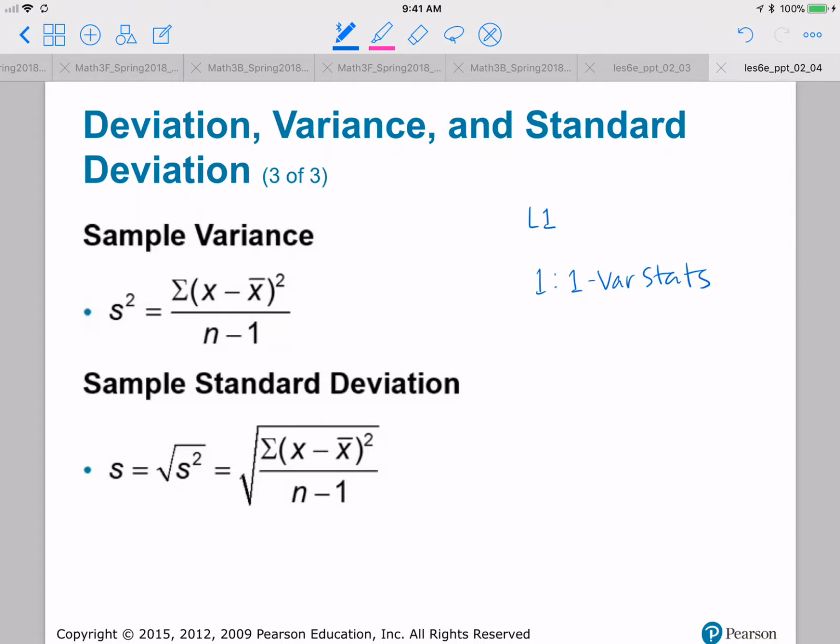When you compute your one variable statistics, because we're looking for sample variance and sample standard deviation, you are going to use the value for Sx. So this is going to be your sample standard deviation.